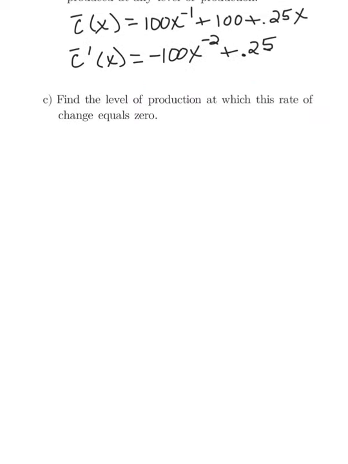Question C says, find the level of production at which this rate of change equals 0. Well, rate of change is another way of talking about a derivative. So they're saying take the derivative that you just found and find where it equals 0. So we're going to set C bar prime equal to 0.